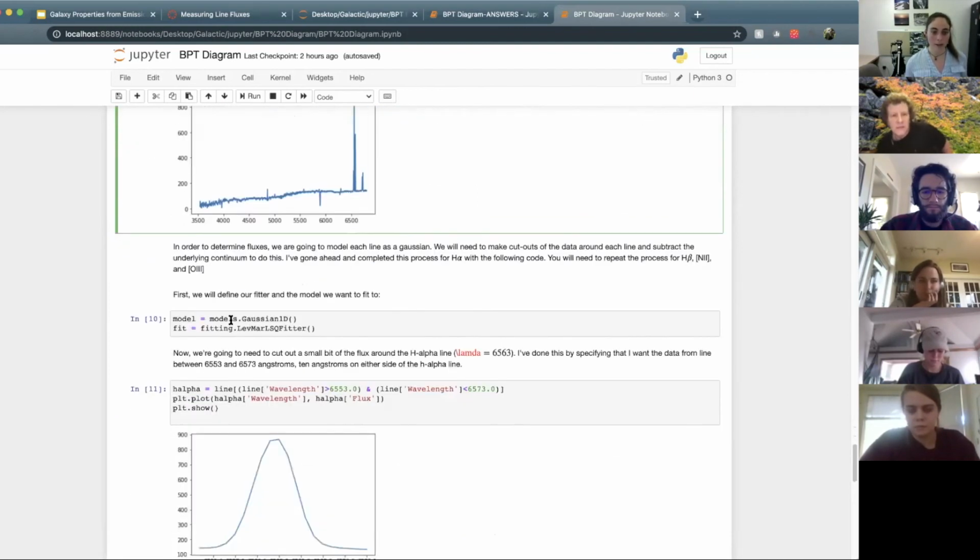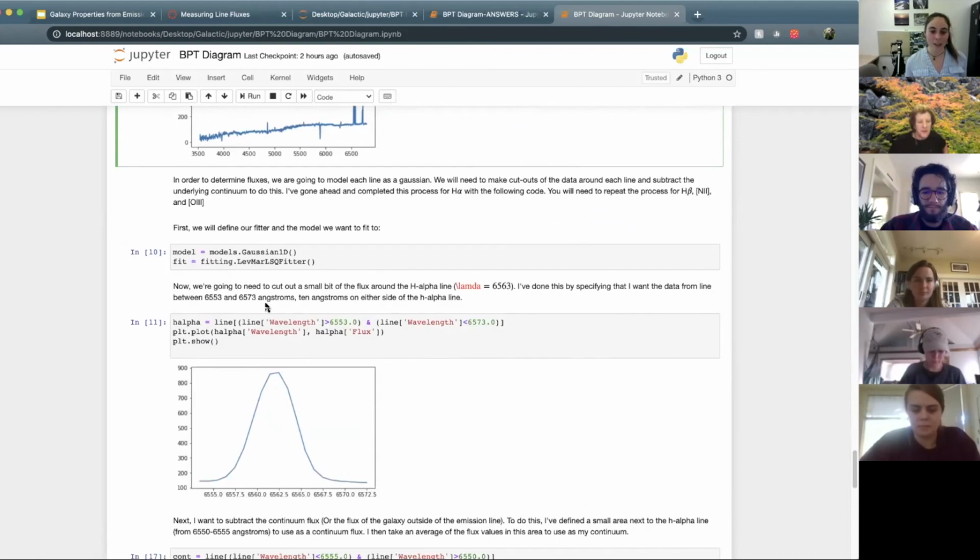We're then going to use a one-dimensional Gaussian to fit our emission lines. Fitting one-dimensional Gaussians is easier than fitting two-dimensional Gaussians, so this should be less painful than your star fitting. It should actually work every time. But to help out the line fitter a little bit, we have to cut out our data around each line we want to work with.